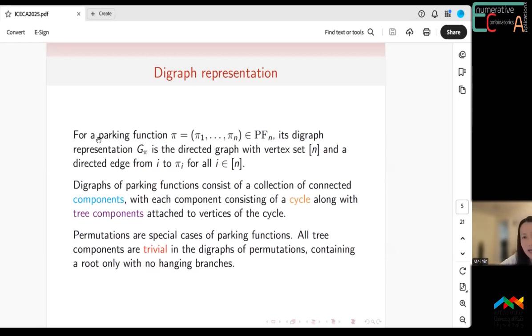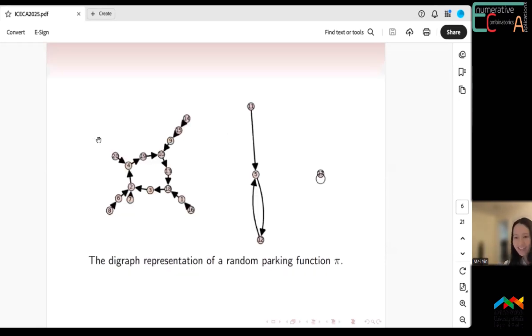In the next slide, I give you a simulation of a parking function on 20 vertices.